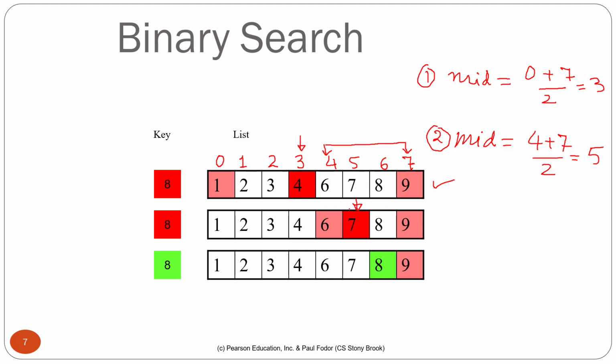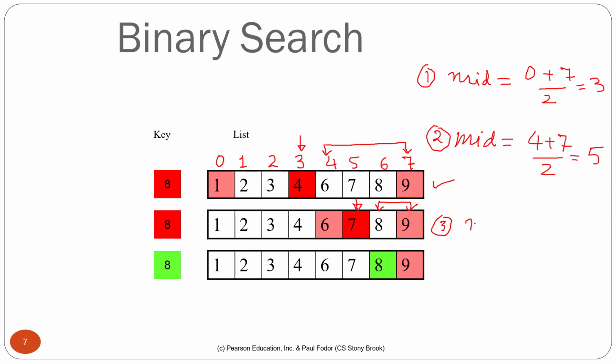So again you have to ignore these two elements, and confine your search to this subarray, which has only two elements, 8 and 9. So what are we doing in the third iteration? Again you'll have to find the middle element of these two. We always compare with the middle element of the array when we are doing binary search.